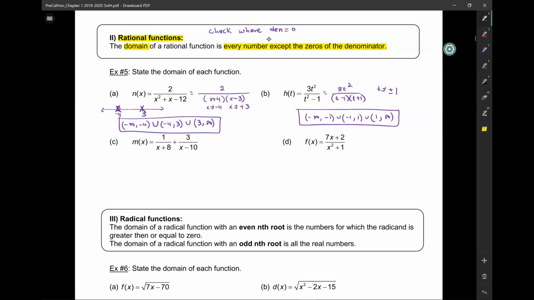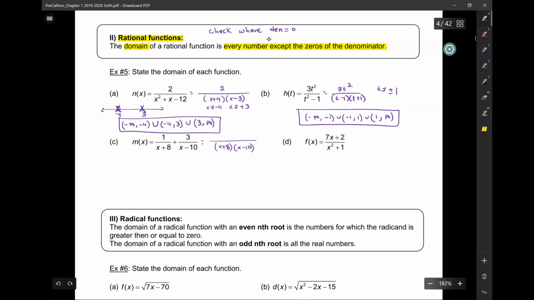Okay, so the next one, you have to do a common denominator, right? Think of it as a common denominator. So if you do a common denominator, what would it be? That would be the common denominator, right? I don't care about the numerator really for the purposes of the domain. So at 10 and negative 8 you have issues.